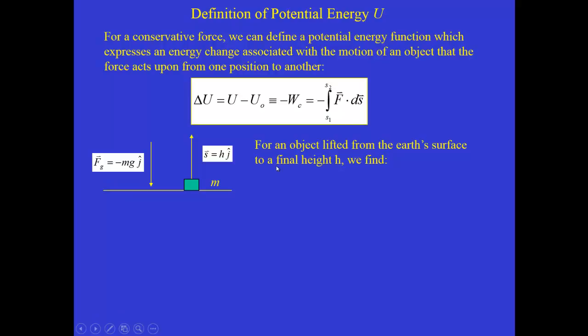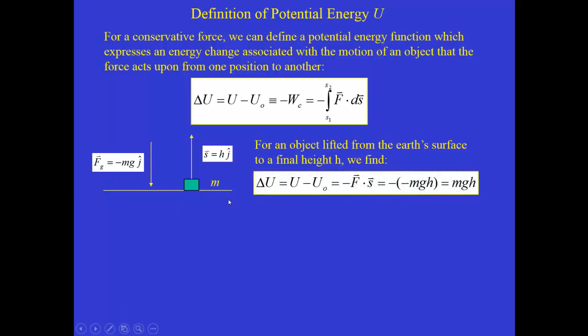So let's calculate what this is for an object that's lifted from the Earth's surface, where it starts, to a final height h. So the vector displacement is h j hat. Of course, the gravitational force is minus mg j hat. So if we use this definition, delta U is U minus U0, which is, for this case, since the gravitational force is constant, we can pull it outside the integral sign and we just get minus F dot S, the displacement vector.